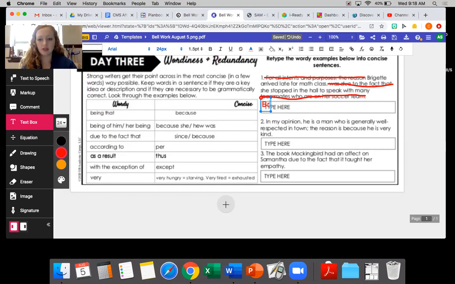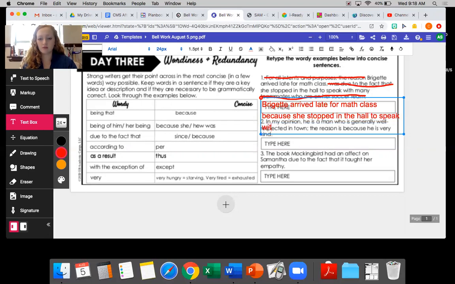Okay, so Bridget arrived late for math class, and we don't need a comma before because, so because she stopped in the hall to speak with many of her soccer teammates.